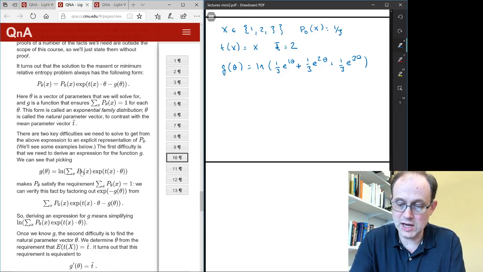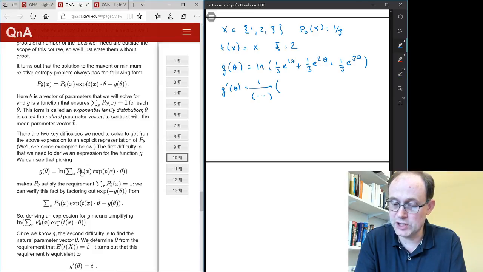Then we can differentiate. G prime of theta is 1 over this same expression, which I'll just write as the same thing so that I don't have to copy it out again. And then we can differentiate in here. The derivative of 1/3 e to the theta is 1/3 e to the theta, plus, and here the 2 comes out, 2/3 e to the 2 theta plus 3/3 e to the 3 theta.